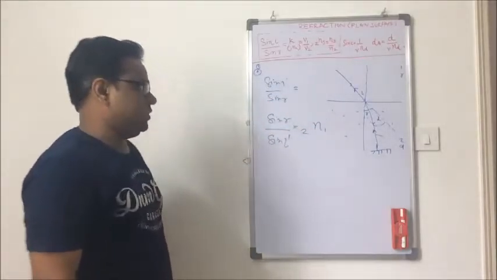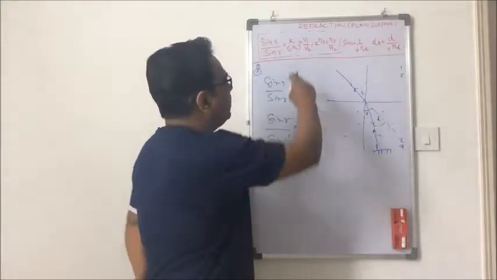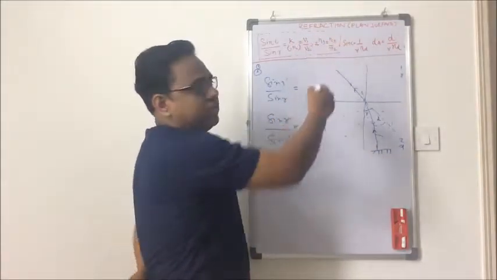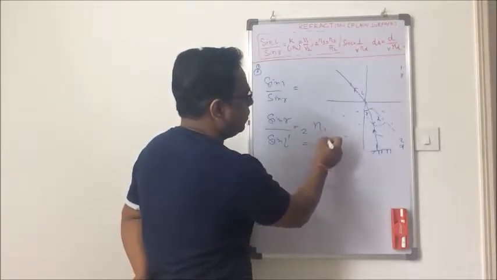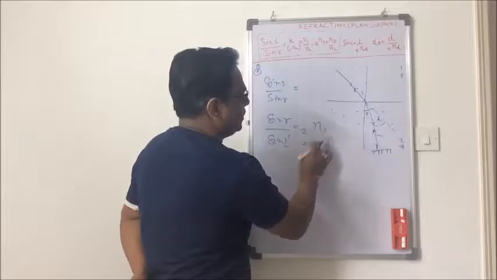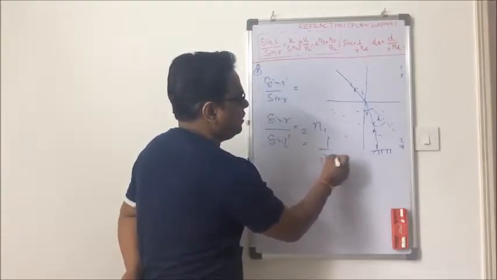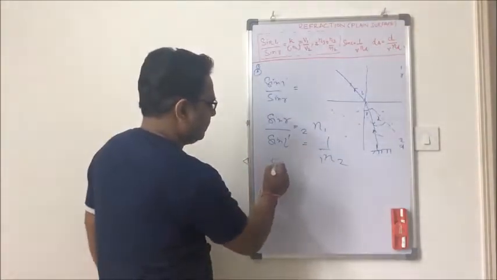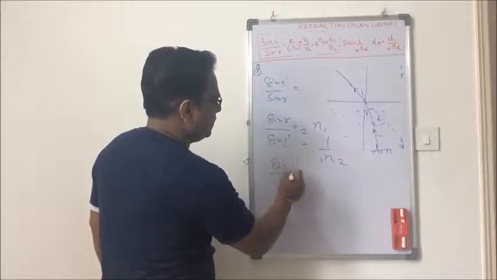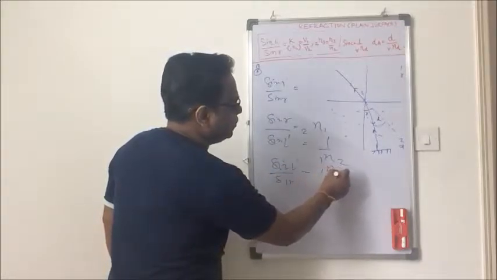Now we just learned, by C by V, that 2 and 1 would be nothing but the inverse of 1 and 2. So now we can say sine I dash divided by sine R equals 1 and 2.